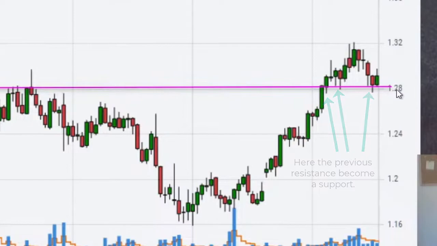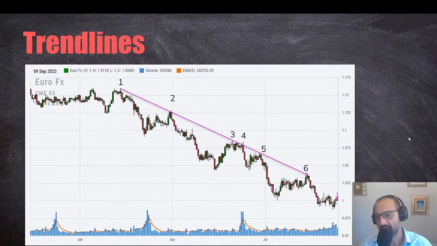What about the trend line? When the market is trending, like here for example on the downside, traders will watch for a series of declining peaks. You see here 1, 2, 3, all declining peaks touching this imaginary line, which is the trend line.